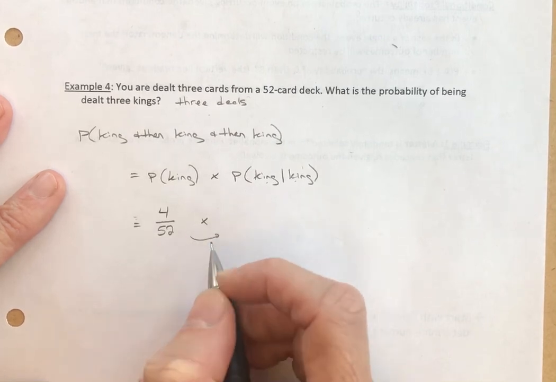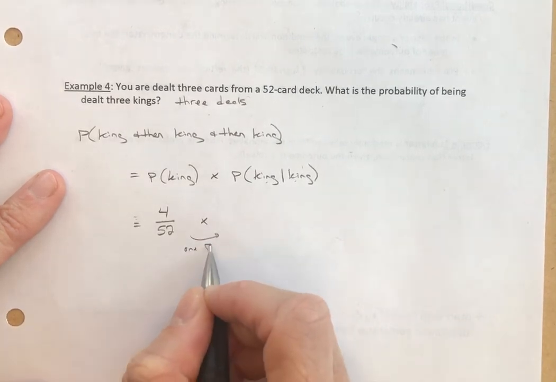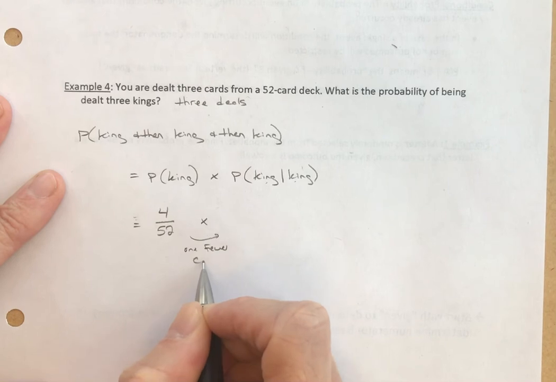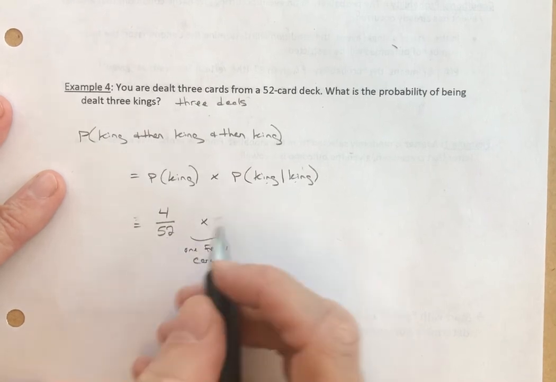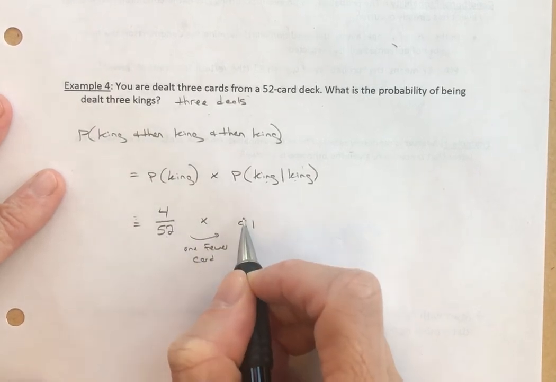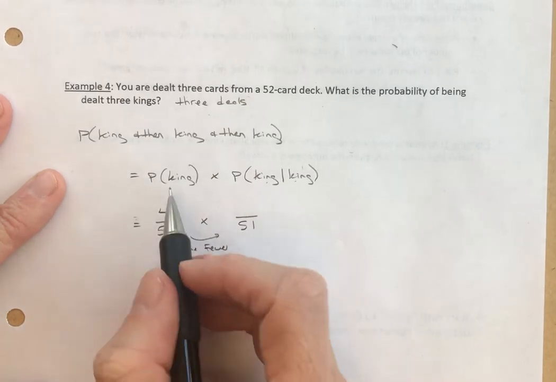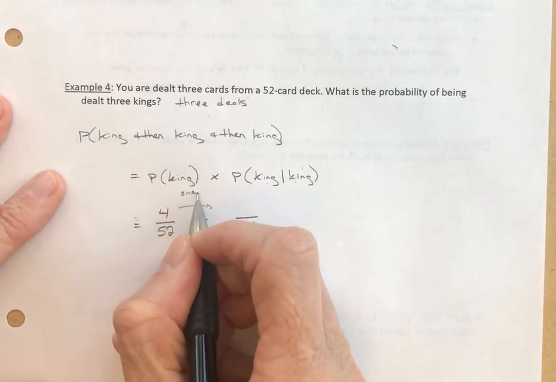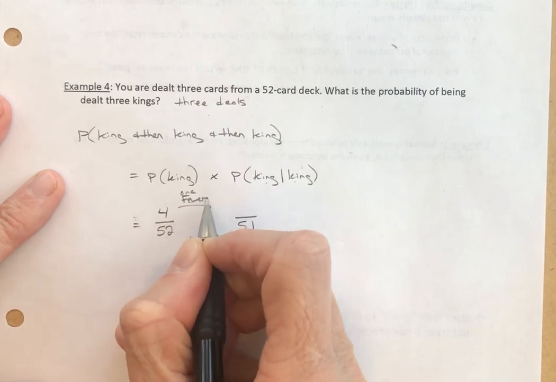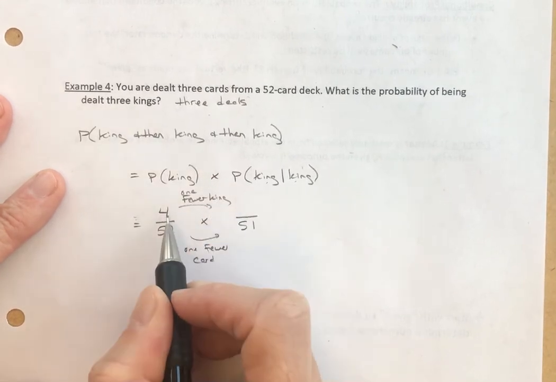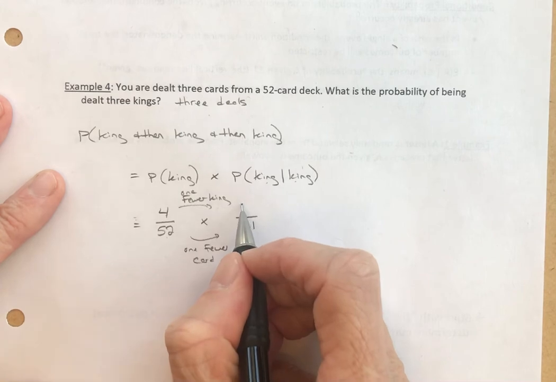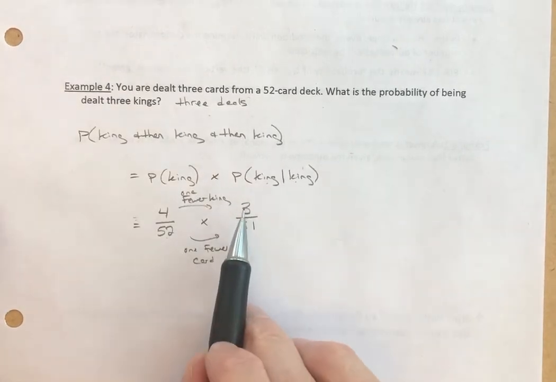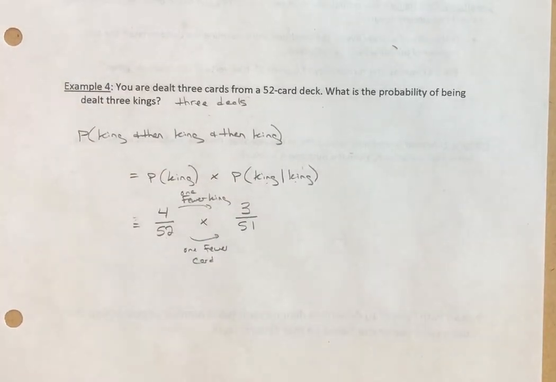Well, we have 1 fewer card. I already gave you a king. Now I have 51 cards remaining. I have 1 fewer king, because I gave you a king. So the probability of the second one being a king is 3 out of 51.